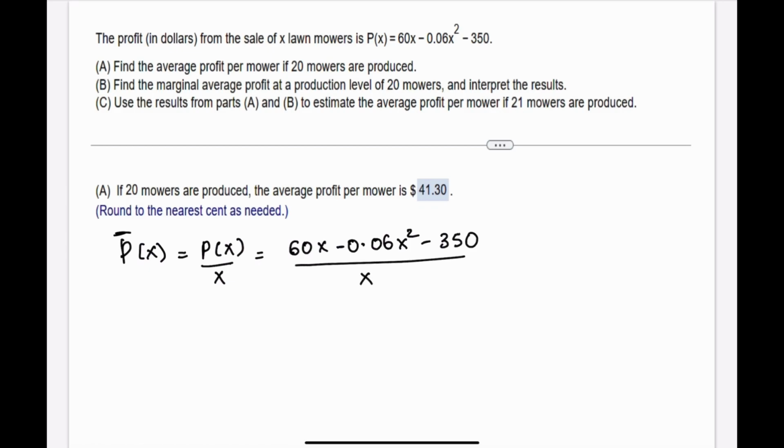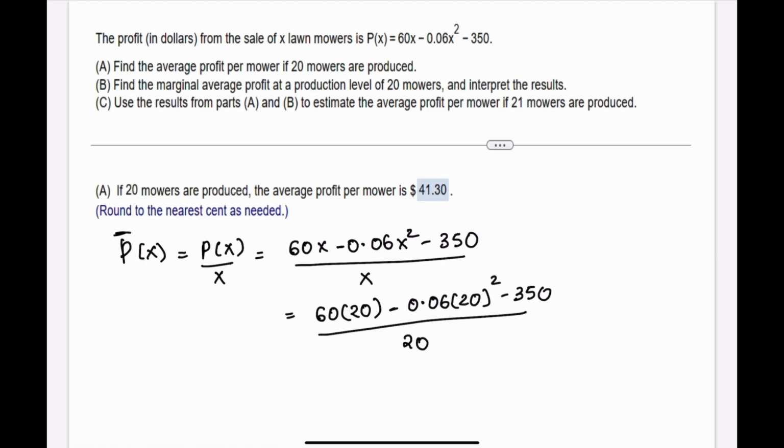Now I'm going to go ahead and plug in. This is 60 times 20, because for 20 mowers, minus 0.06 times 20 squared minus 350, over 20. And what do I end up with?